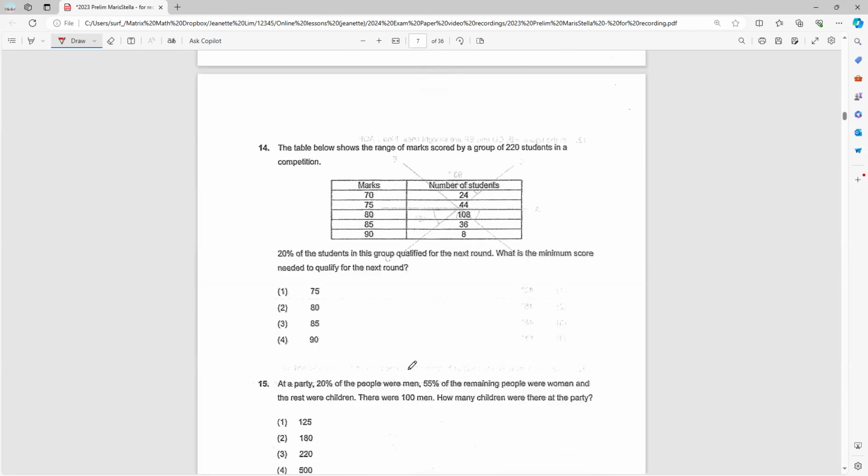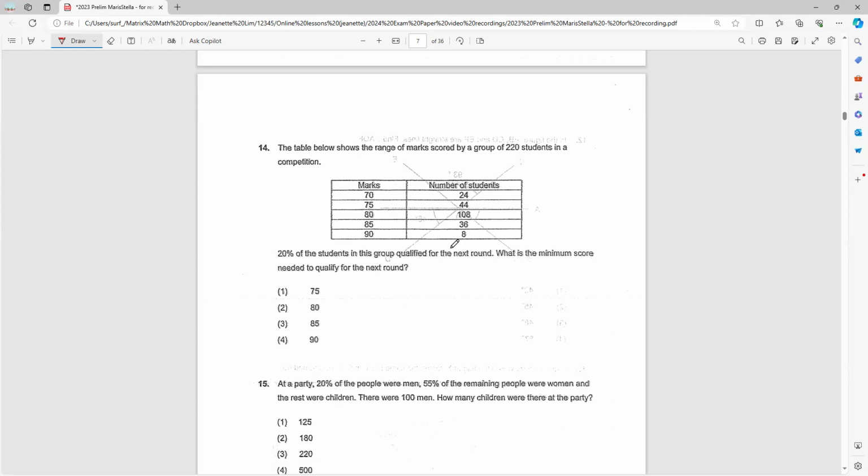Question 14. The table shows the range of marks scored by a group of 220 students in a competition. 20% are qualified. What is the minimum score needed to qualify for the next round? Okay, 20%. When we say that they qualify, of course, we're looking for the highest 20%, not the lowest.